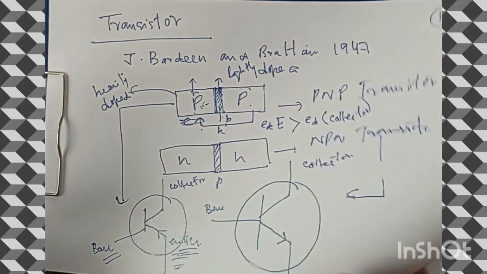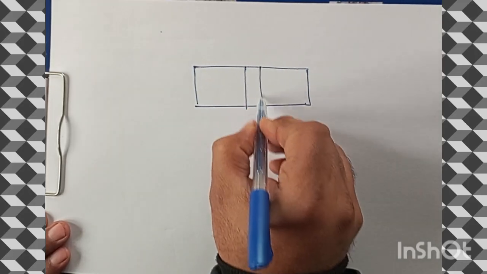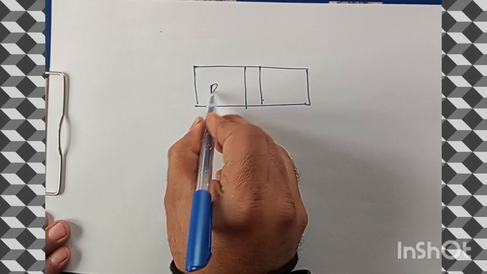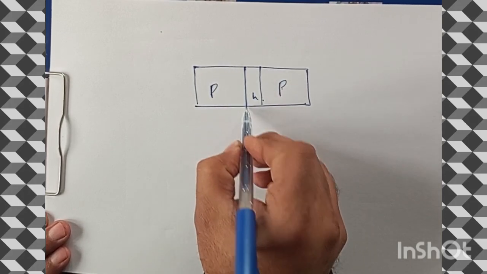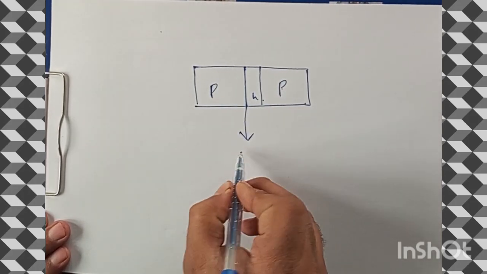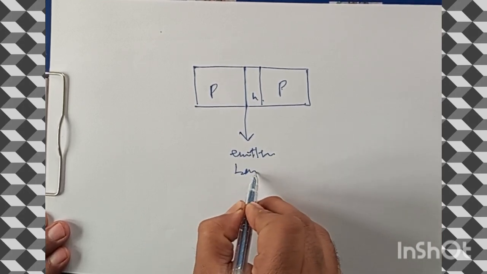I think I will redraw it in order to get a clear concept. So we have a transistor. Say I choose a PNP transistor here. This is my P, this is my N, and this is my P. This junction we call the emitter-base junction.